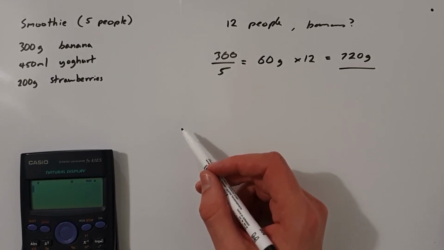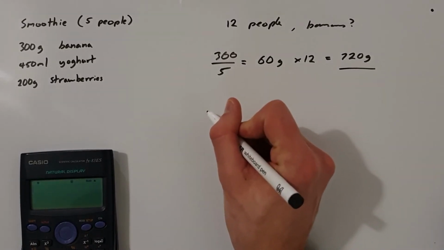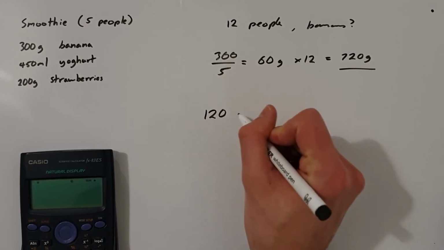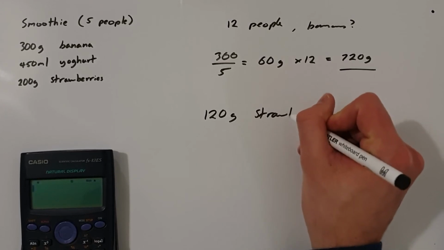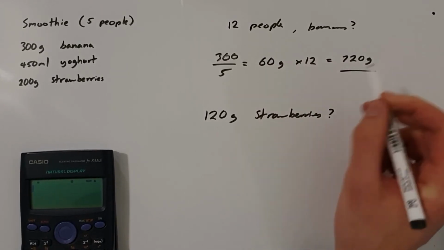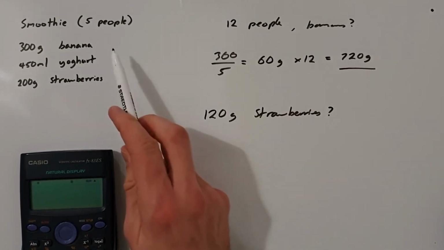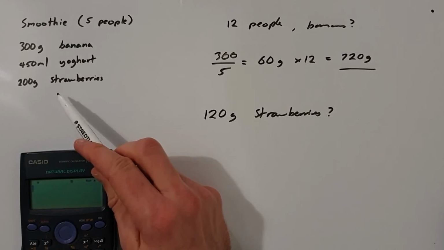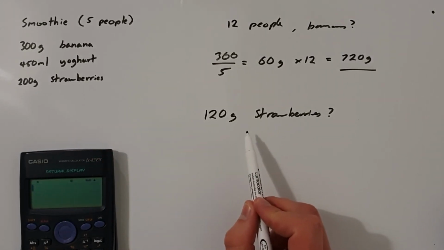So a slightly different variation of this sort of question could be something like, if you had 120 grams of strawberries, how many people does this serve? We know that for 5 people we need 200 grams of strawberries. We've got 120 grams. How many does that serve?